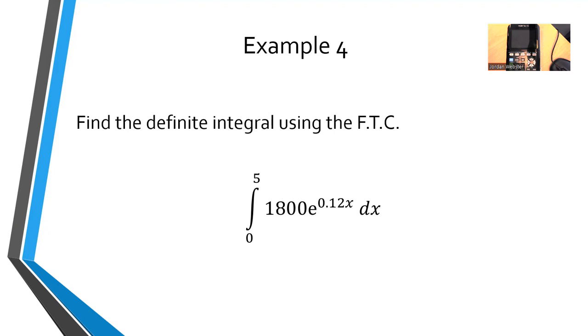Let's just do one more of these. Let's do 1800 e to the 0.12 times x power, integrated from 0 to 5. 1800 e to the power 0.12x integrated with respect to x.